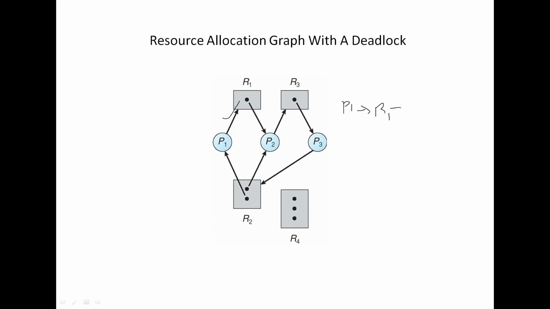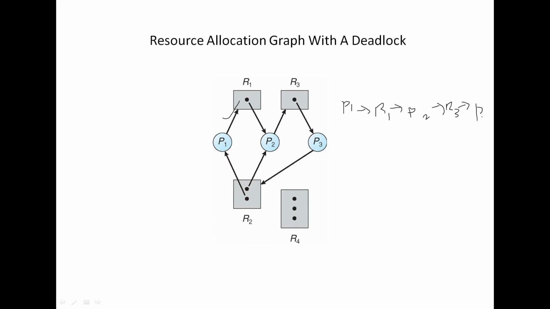Then again P2 is requesting R3, and R3 is allocated to P3.